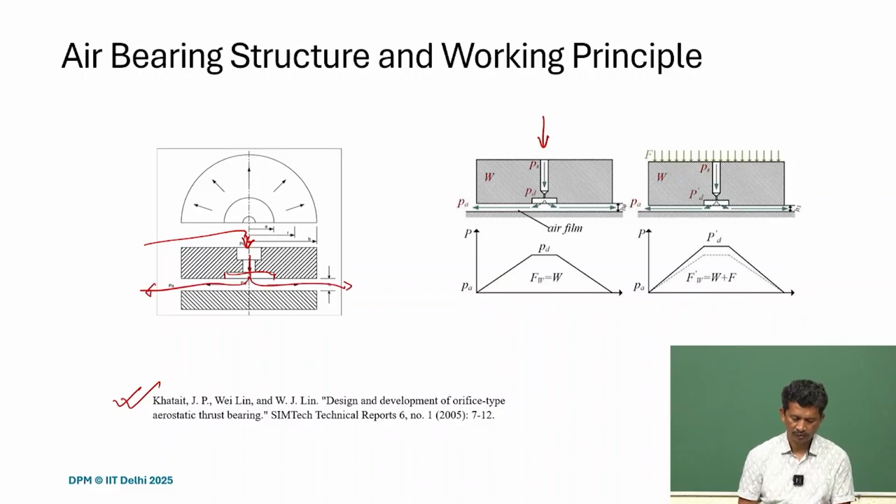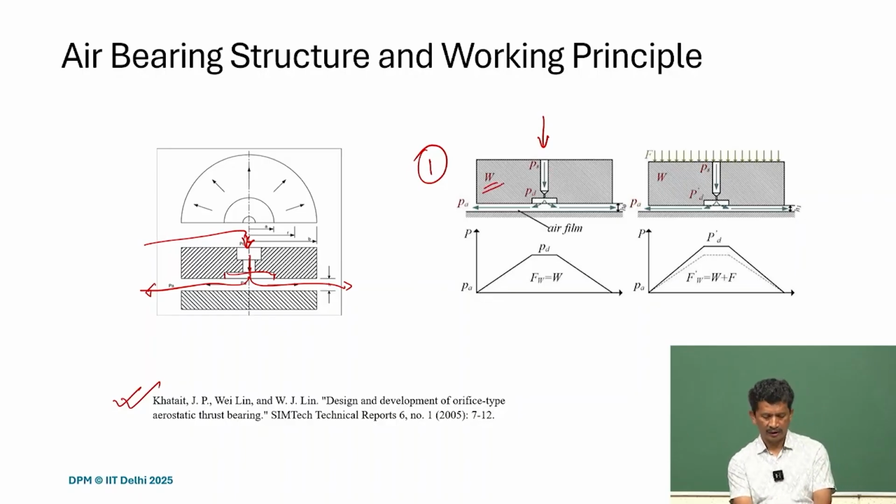What you see in the first diagram is air is fed through and W is the initial load, suppose. Once air is fed, there is a restrictor and there is a pocket here, and then along the bearing surface the air will just bleed through.